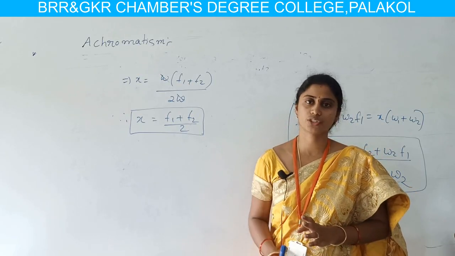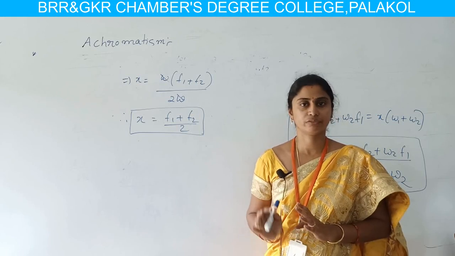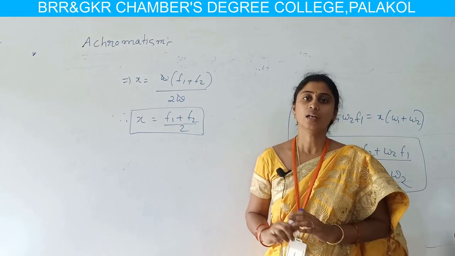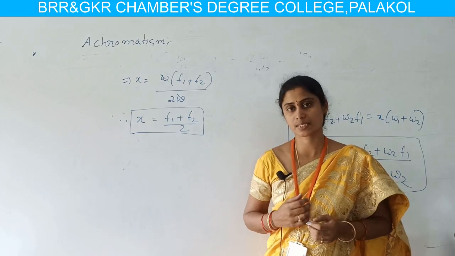We considered the equation 1 by f equal to 1 by f1 plus 1 by f2 minus x by f1 f2, and after simplifying and substituting the terms, finally we have the separation distance equivalent to the mean of the focal lengths of the two lenses.